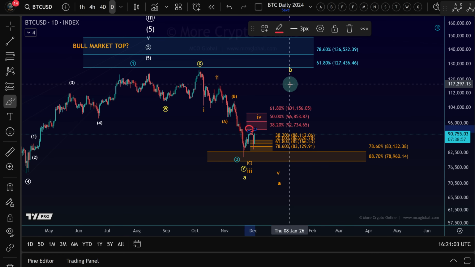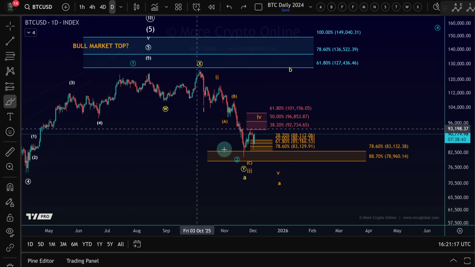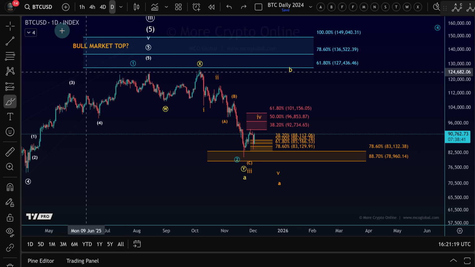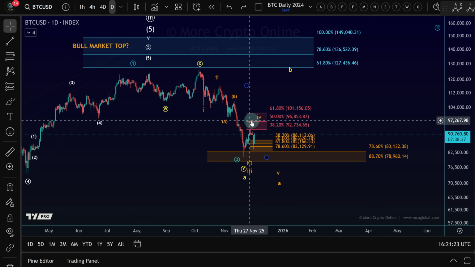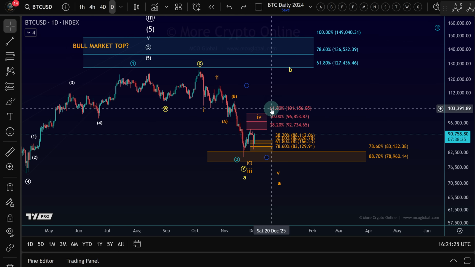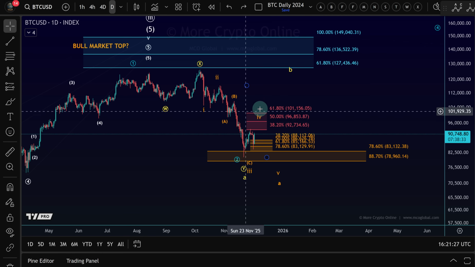Remember, in previous updates, we talked about the so-called death cross, that whenever the death cross occurred, we usually saw around a 40 to 45% increase afterwards, at least, yeah. Also, we said that there's a good likelihood that the market will test the 55-week EMA. Not sure if I show it here. No, I don't. But it's currently located between the 50% retracement and the 61.8% retracement.